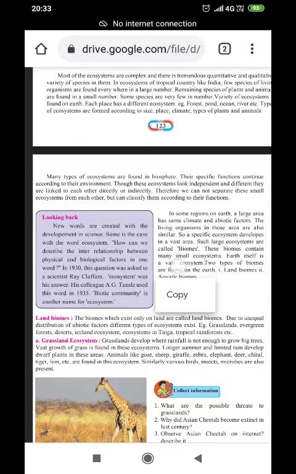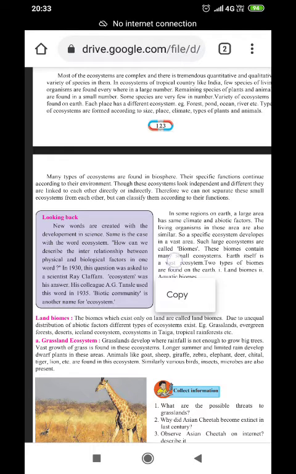Most ecosystems are complex and there is a tremendous quantitative and qualitative variety in the species. In the ecosystem of a tropical country like India, few species of living organisms are found everywhere in large number. Remaining species of plants and animals are found in small number.